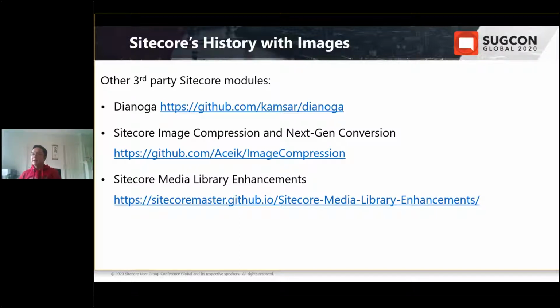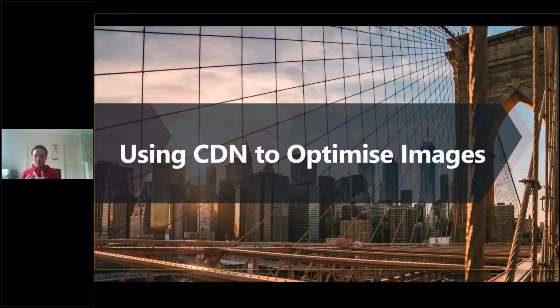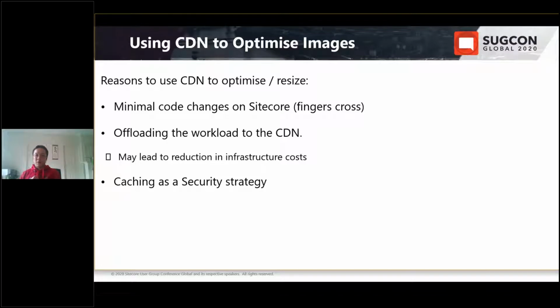Check this out. So now let's quickly go through how we are going to use CDN to optimize the images. And first thing, I just want to go through the reasons why we want to use it. First, we want to make sure that by offloading the work into the CDN, hopefully by implementing that, there will be minimal code changes required from a CloudFlare end, which means it doesn't matter what version you're using, whether it's SXA, JSS, or traditional MVC, it should just work implementing the CDN on top without having to do any work on CloudFlare at all.